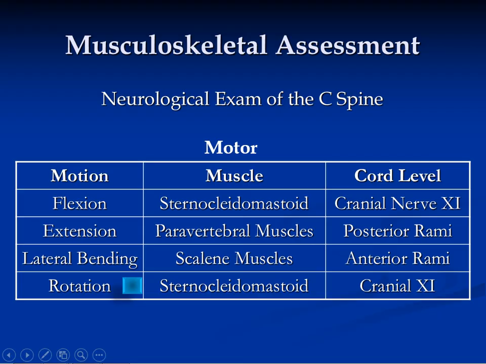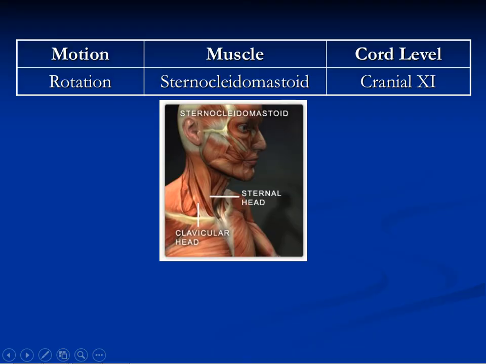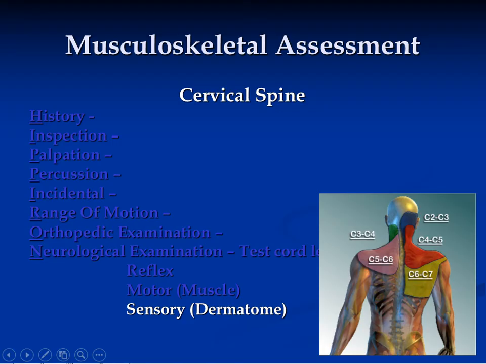And rotation through sternocleidomastoid, cranial 11. It's also important to test dermatomes. It would be wise to examine a complete 3D dermatome chart and memorize these cervical nerve root innervations.